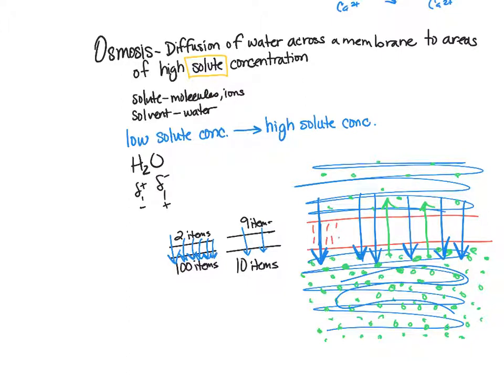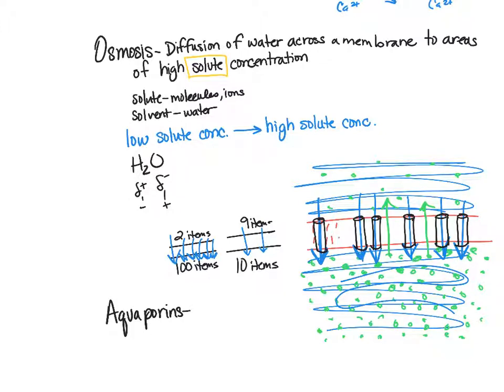Now, one last thing, my drawing is a little bit misleading here because water is a polar molecule, and since it is a polar molecule, it's not just going to very easily move across the plasma membrane. Some water does just move across the plasma membrane, but it doesn't cross very easily. And since it doesn't cross very easily, what we actually have are called aquaporins.